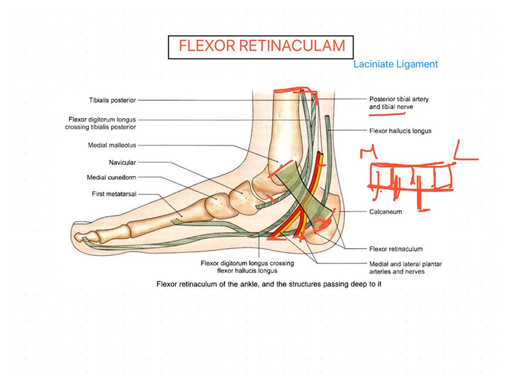And in the last tunnel, the tendon of flexor hallucis longus will pass through this 4th compartment of the flexor retinaculum. Each tendon occupies a separate compartment which is lined by a synovial sheath.